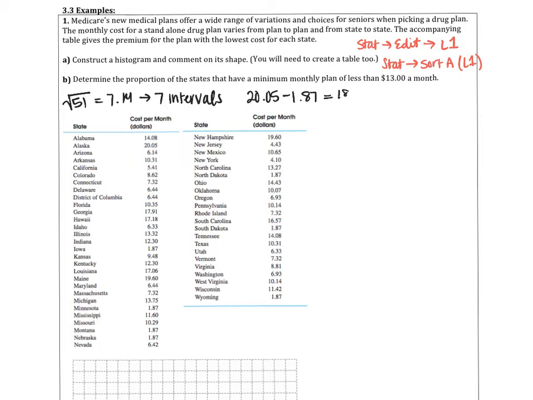This is 18.98 divided by 7, and that gives me 2.711. So I'm going to have 3 values per interval. So let's go ahead and set this up.